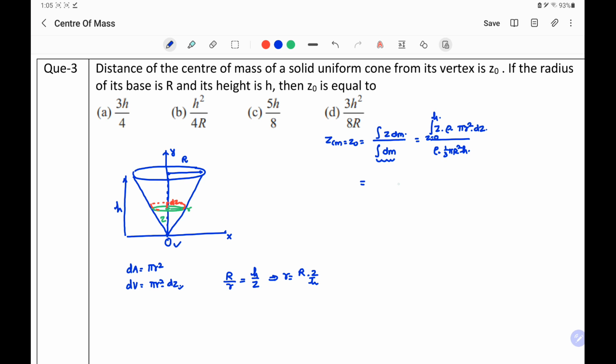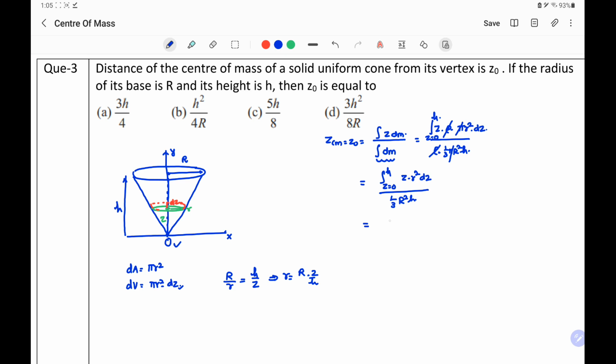So it will be equal to, this rho is constant, so it will be cancelled. Similarly, pi will also get cancelled, and we will have the integral from z equal to 0 to h of z into r square dz, divided by 1 by 3 R square h.